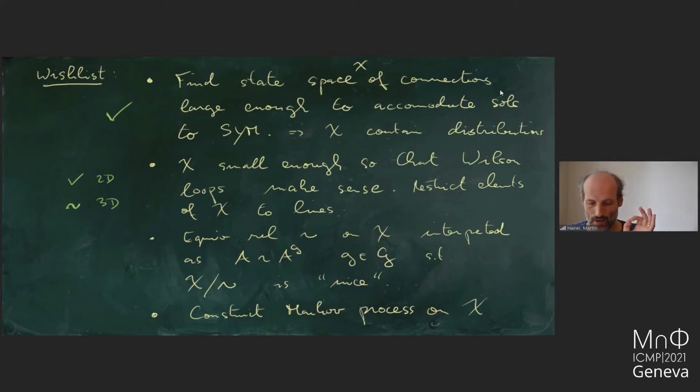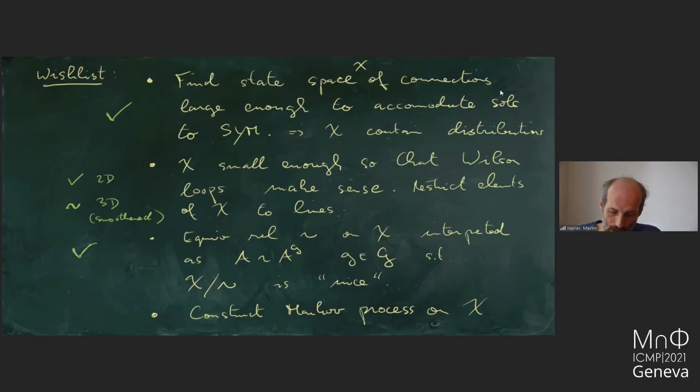And so the next best thing that you can do is have some notion of smoothened Wilson loop observable. So in 3D, we do have a notion of smoothened Wilson loop observable, which makes sense. Then the third point, we have different ways of doing it in 2D and in 3D.